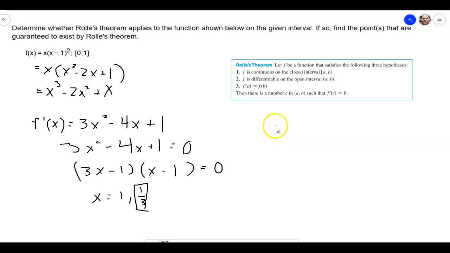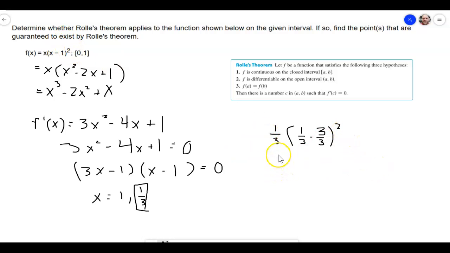So into the original equation: 1/3 times (1/3 minus 1, which is 3/3) squared. So I just put this back into the original equation.